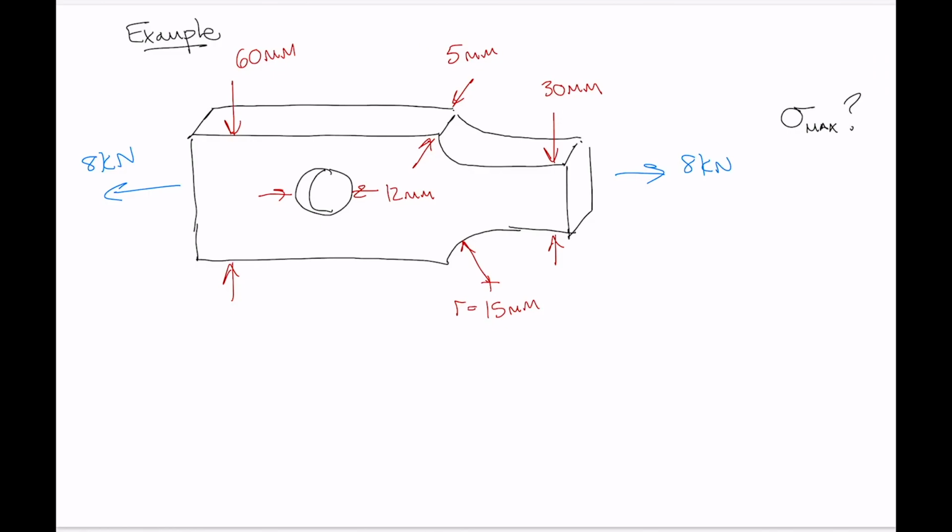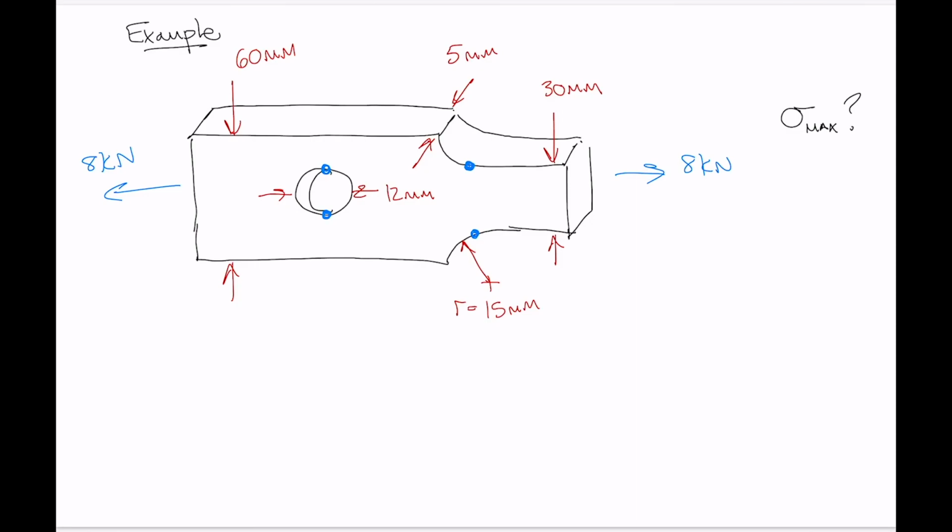So there are two locations of stress concentration that we need to consider. First of all, we know that the top and the bottom of this hole is going to be a location of stress concentration. And then for a fillet like this, where you've got a change in width of a plate, the location of greatest stress concentration is on the smaller width portion, just at the start of the fillet.